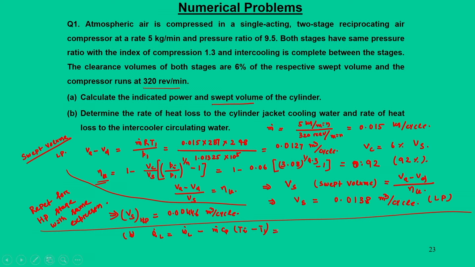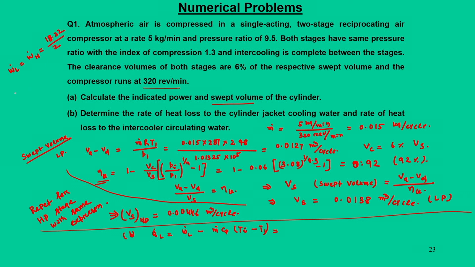The indicated power we have already found, W dot L is equal to W dot H, that is the assumption we made for minimum work, and the total indicated power is 18.22 divided by 2.